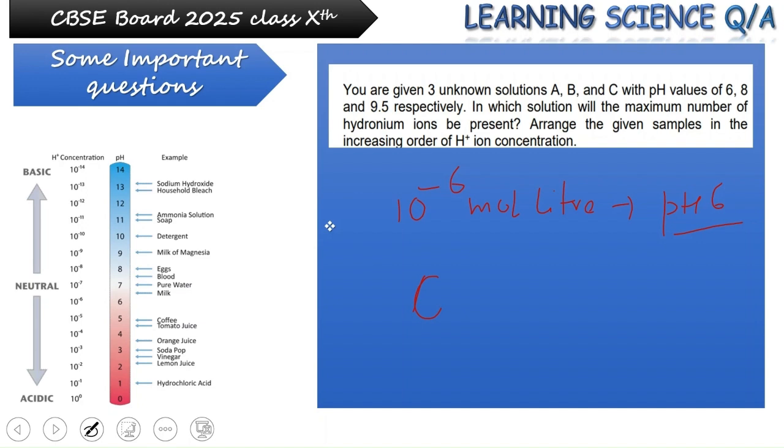It will be having the least hydrogen ion concentration, followed by B, followed by A. That means A will be having the maximum hydrogen ion concentration, and as it is having the least pH, it is the most acidic, B being slightly alkaline, whereas C is the most alkaline among the three solutions given.